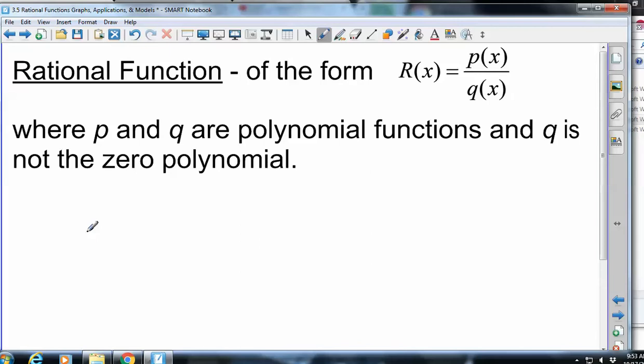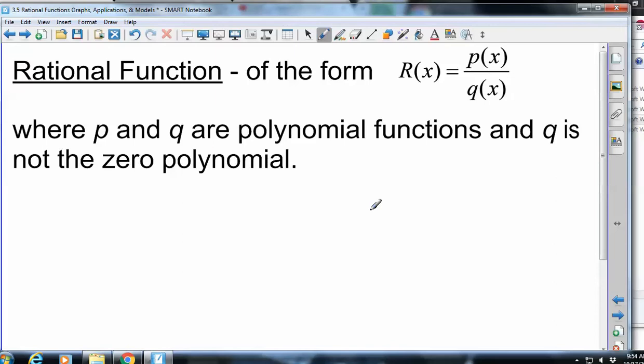So if I ask you for the domain, when you have a fraction, what are you looking at? What can't happen in a fraction? It can't be 0. Denominator can't be 0. So let's just look at some rational functions and we're going to find their domains.